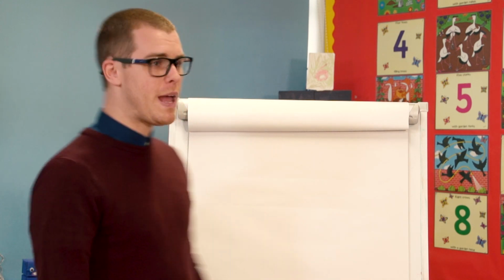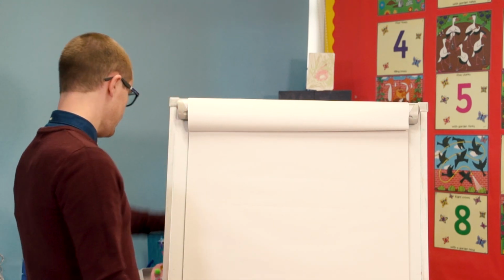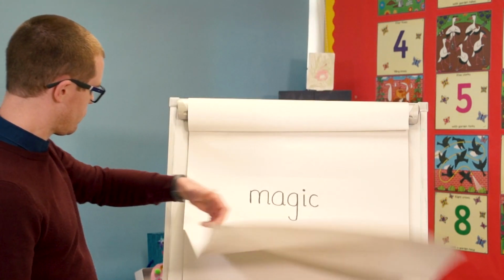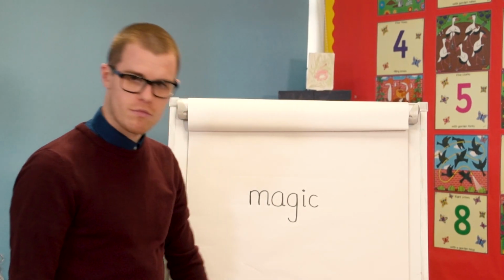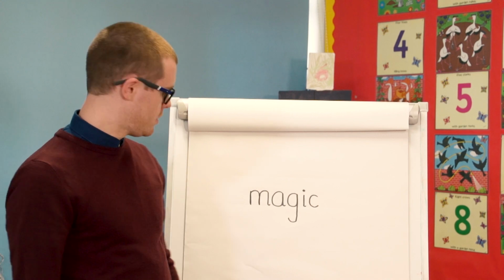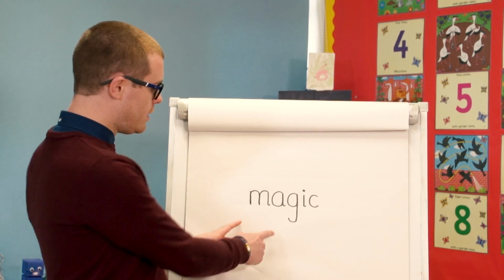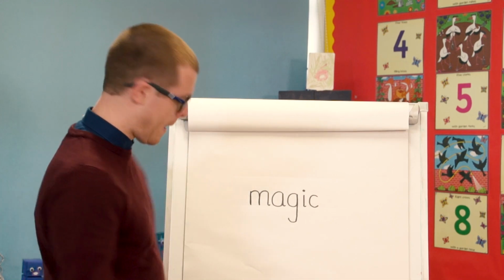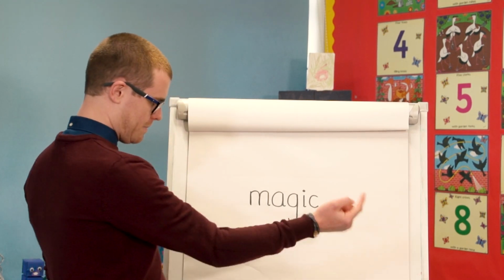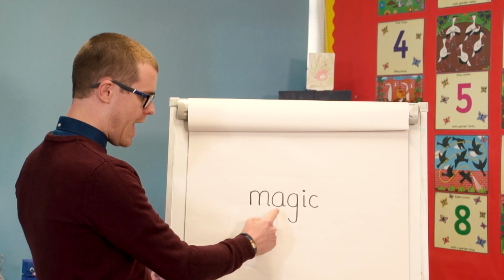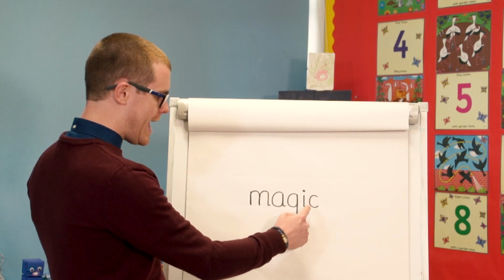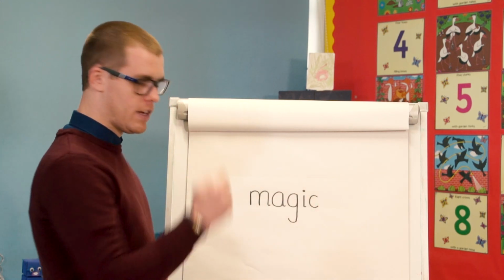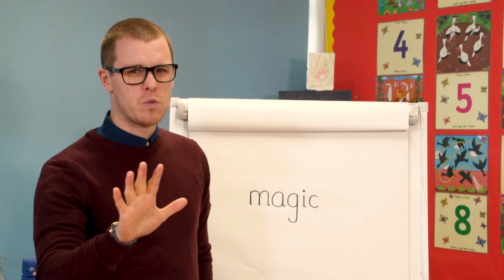Time to check our spelling. How did you get on? If yours doesn't look the same as mine, then you can change it. Magic. m, a, j, i, k. 5 sounds.